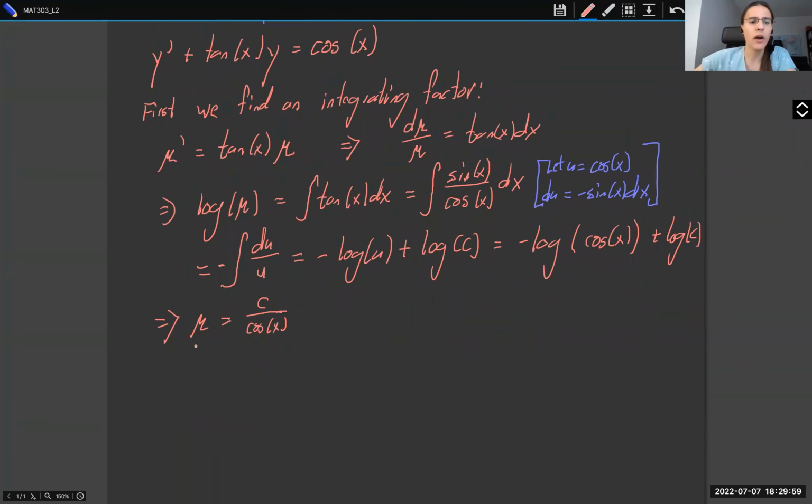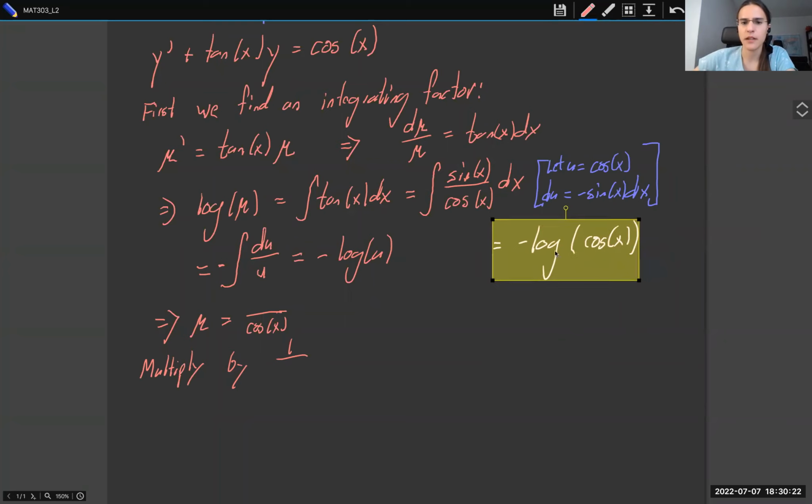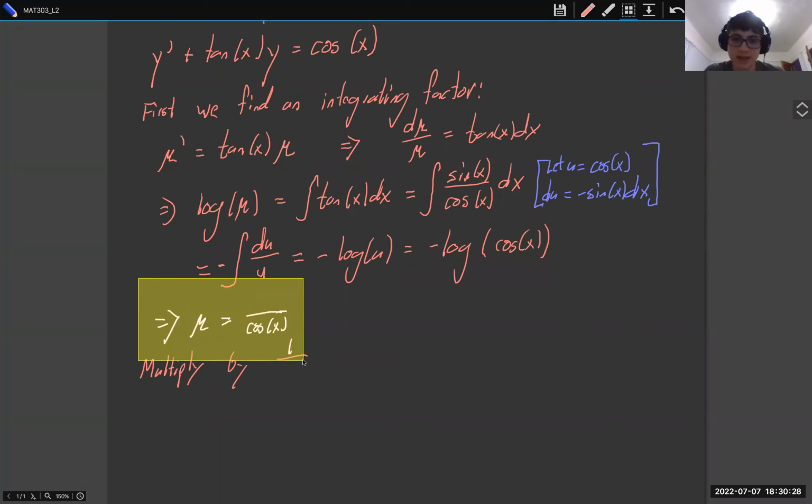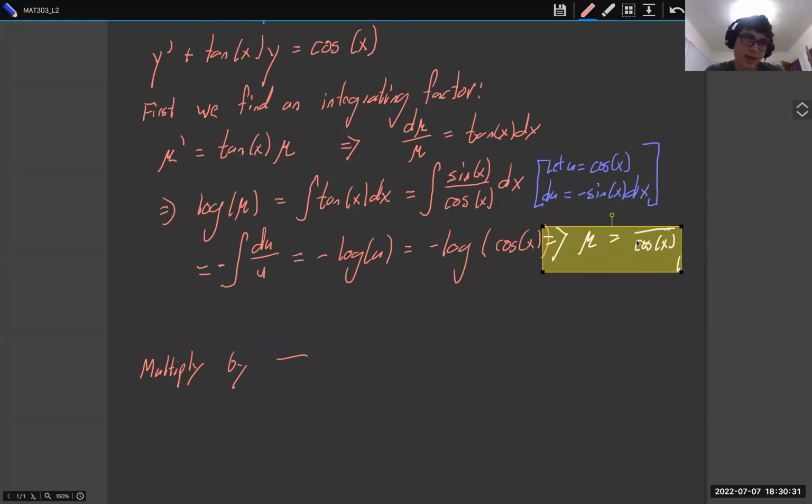Okay, so now we found our integrating factor, and we say multiply by 1 over cos x. I forgot, when we're doing integrating factors, we don't care about constants, because we just want a particular integrating factor. But maybe with the substitution, it's good because let's say there was a constant we couldn't have.